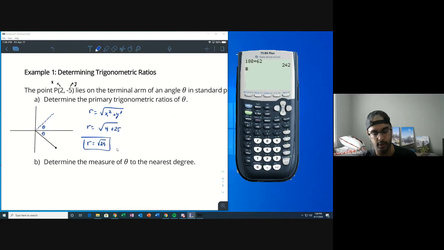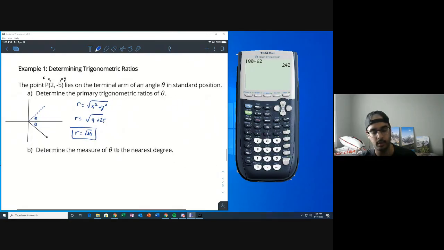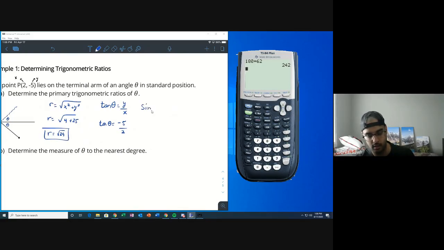Now we can write in some ratios. So we need all 3, so I guess we'll start with tangent. So tan theta was y over x. So tan theta equals -5/2. Sine theta is y over r. So sine theta equals -5/root 29. And we don't want to leave that root on the bottom.